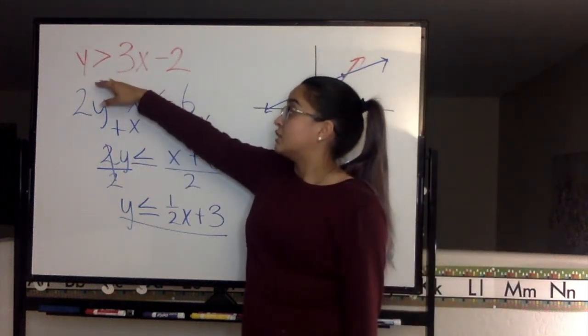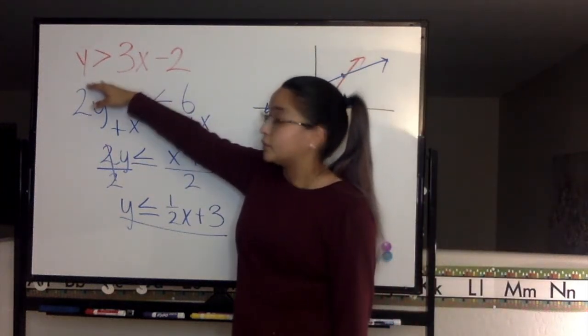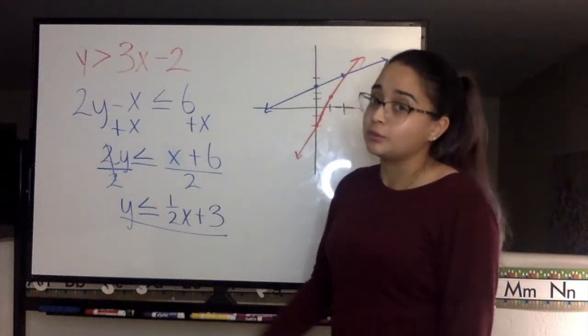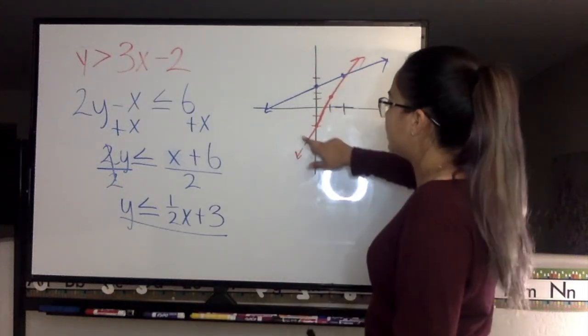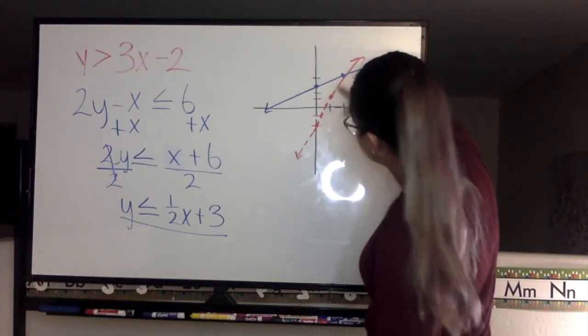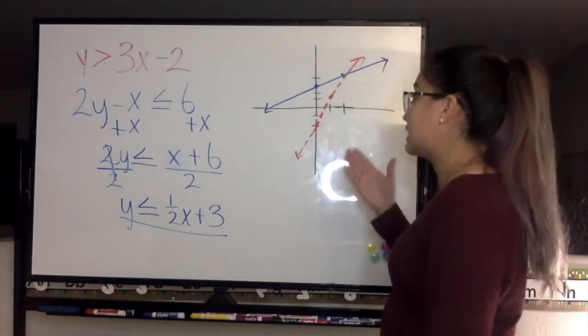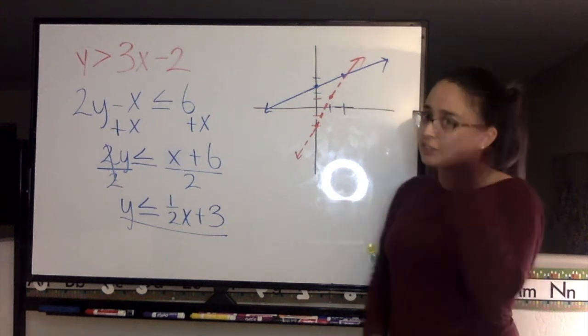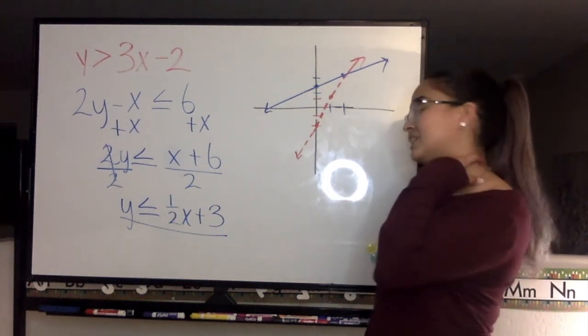Here it's just greater than. It's not equal to. Therefore, I should have a dotted line, not a solid line. So it should look like this, okay? Should have paid attention to my inequality symbols.